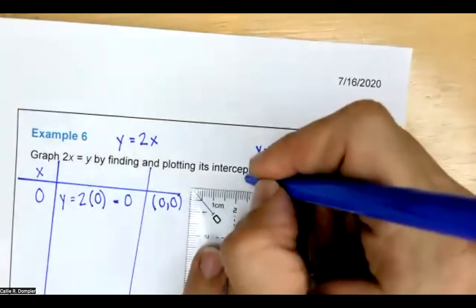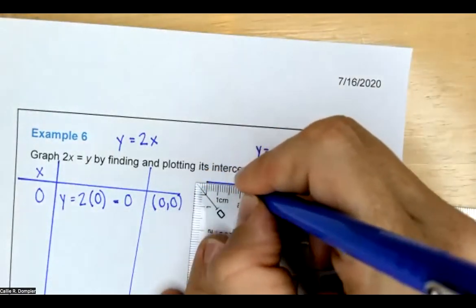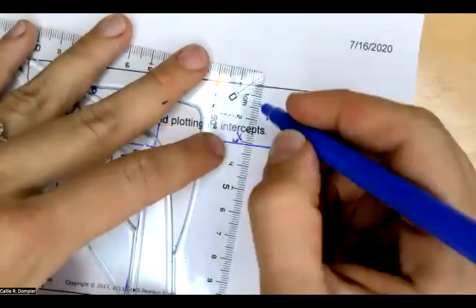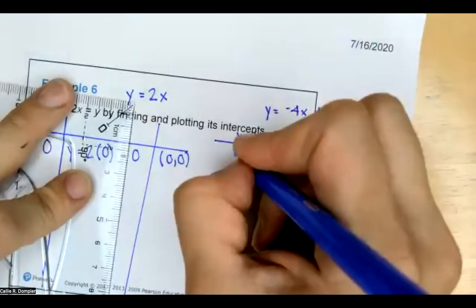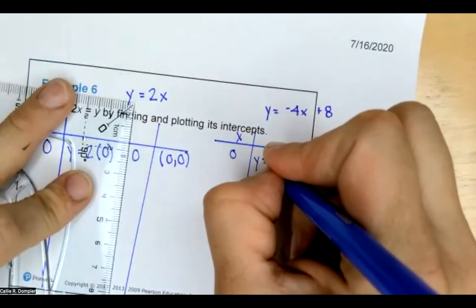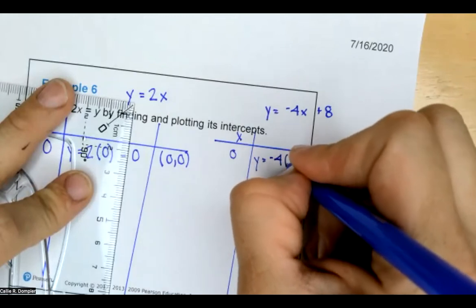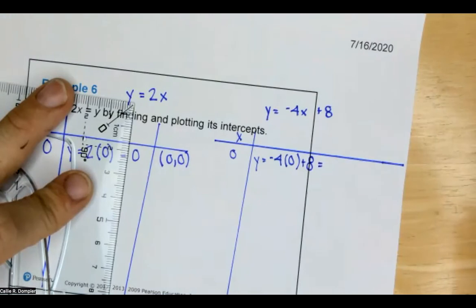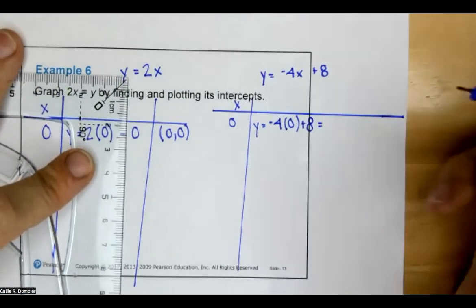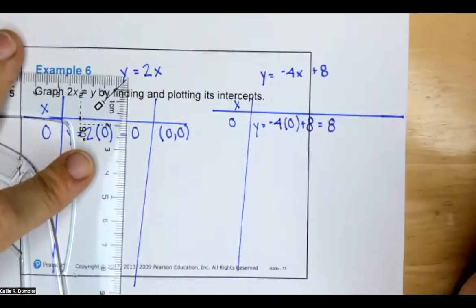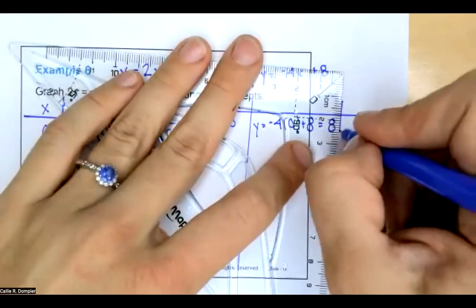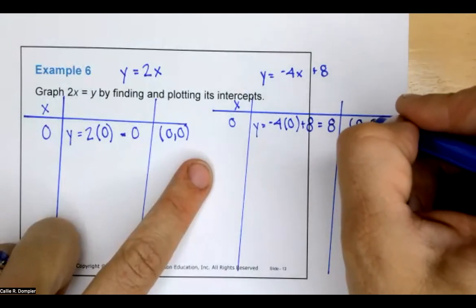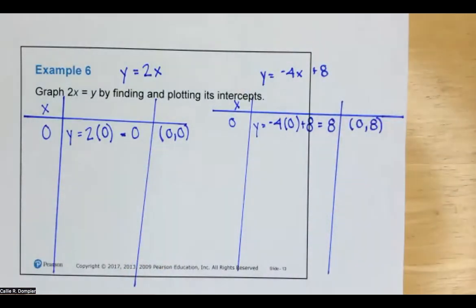All right, so there's going to be an x-intercept and a y-intercept. To find my x-intercept, make x 0. Y equals -4 times 0 plus 8 becomes what? 8, right? So that means my x-intercept is 0, 8.